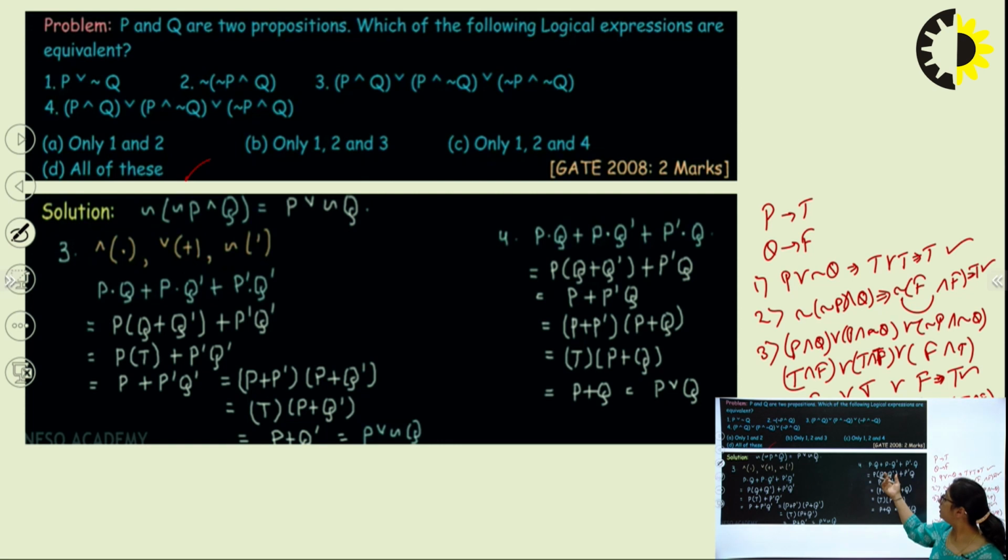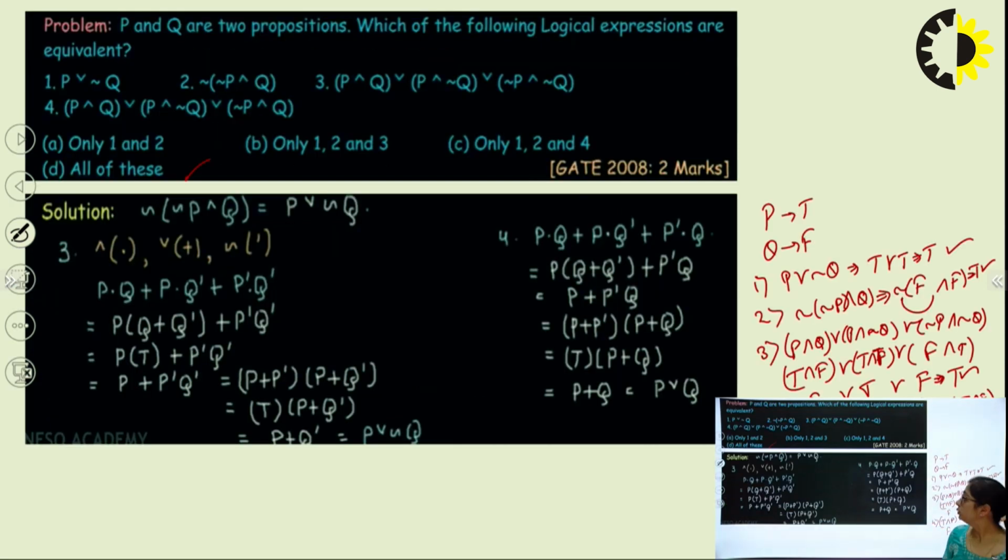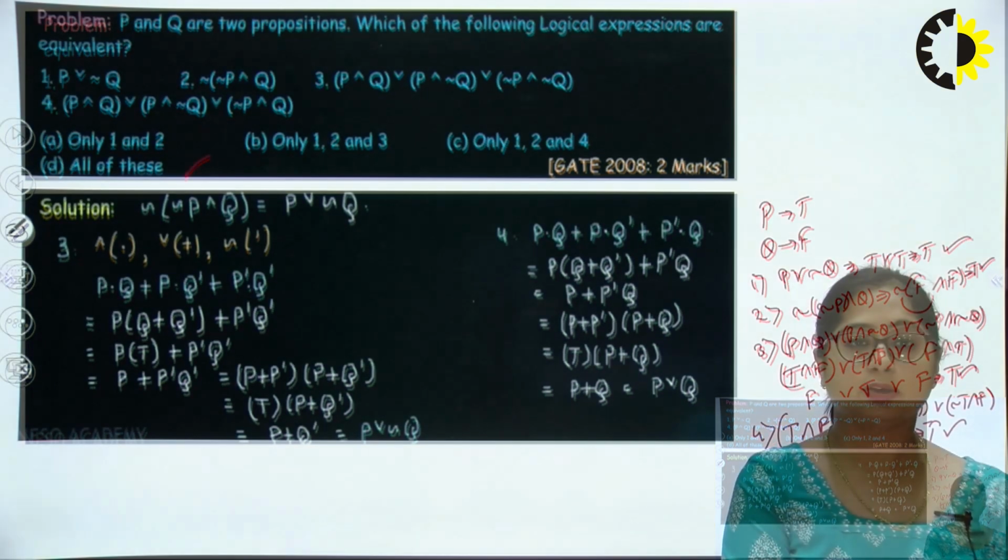The other is based on the proposition's logic, as we discussed the various laws, and then you solve directly without these true and false values. This is how you can solve whether propositions are logically equivalent or not.